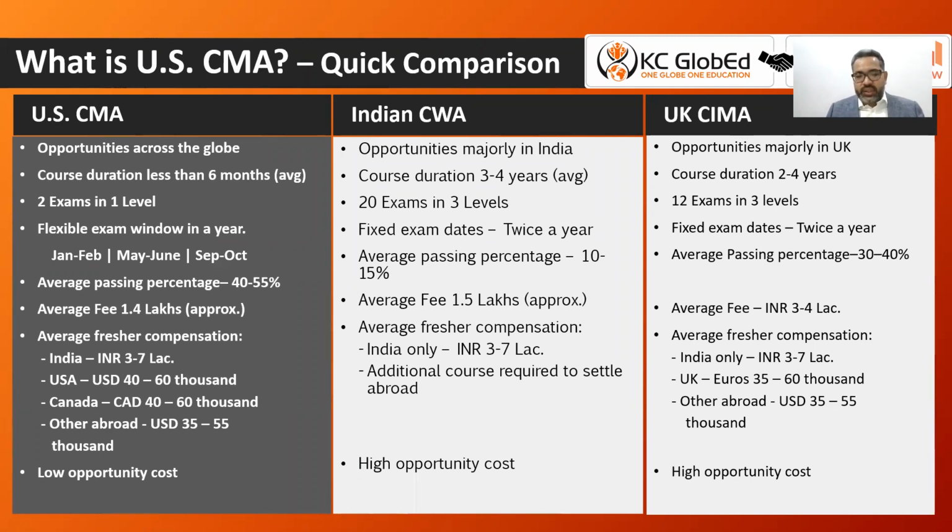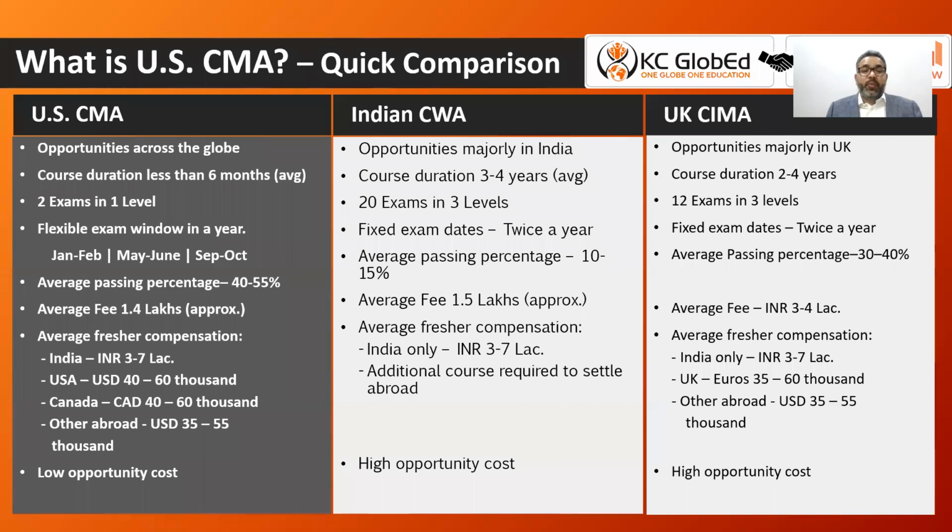Whereas we all know for CA, CS, ICWA in India, it has 3 levels: your foundation level, intermediate level, final level, whatever the nomenclature they say, but ideally they have 3 levels of examination and a rigorous internship in between as well. It takes 3 to 5 years on an average to qualify any professional exam in India.